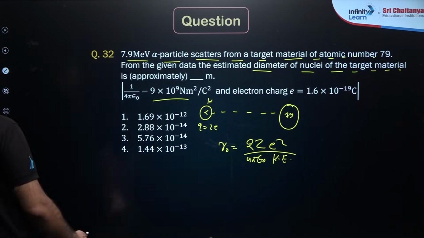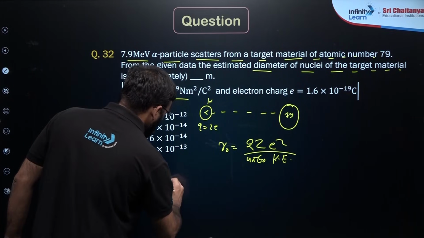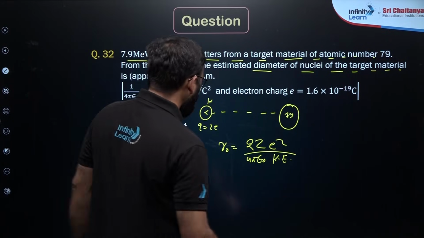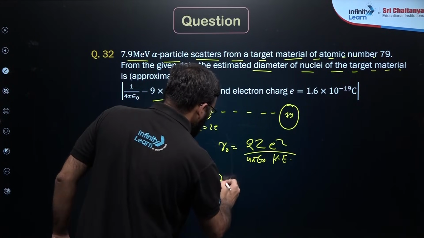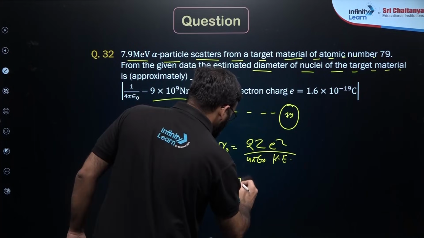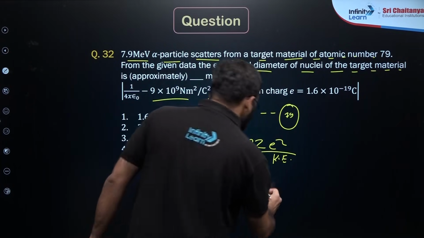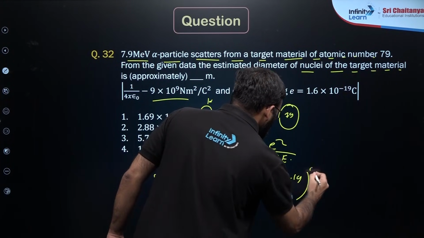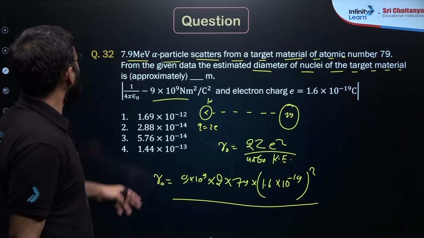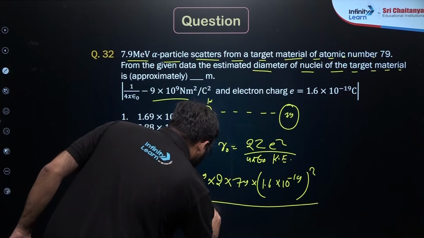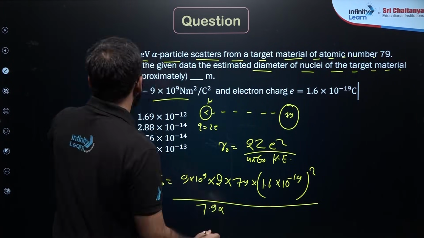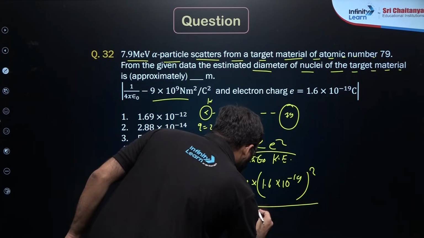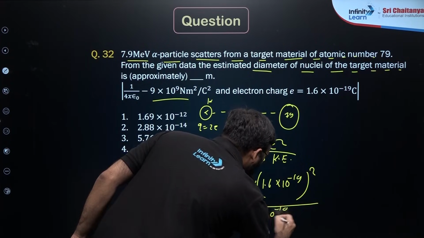So I am just doing the calculation here: 9 into 10 to the power 9 into 2 into Z, which is 79, and e is 1.6 whole square, divided by its kinetic energy 7.9 into mega, meaning 10 to the power 6, and electron volt is 1.6 into 10 to the power minus 19.